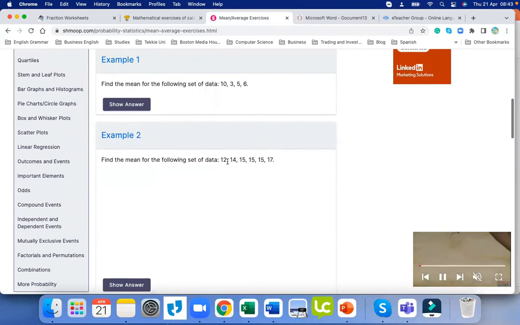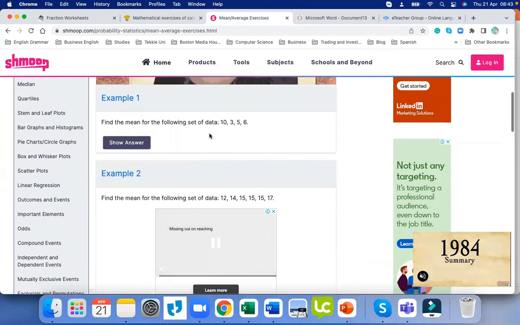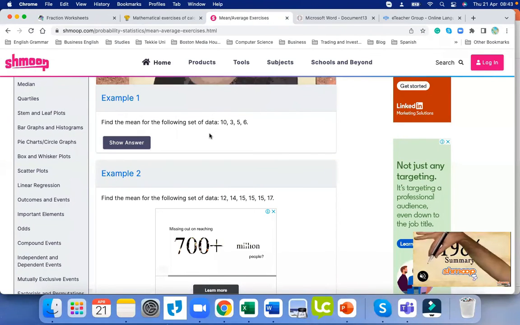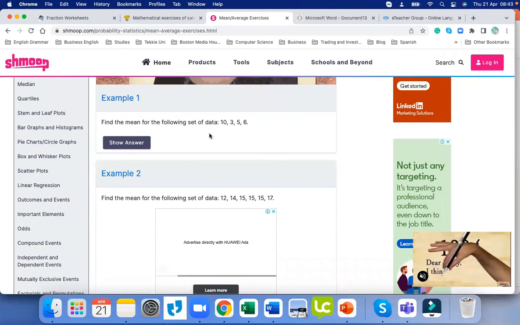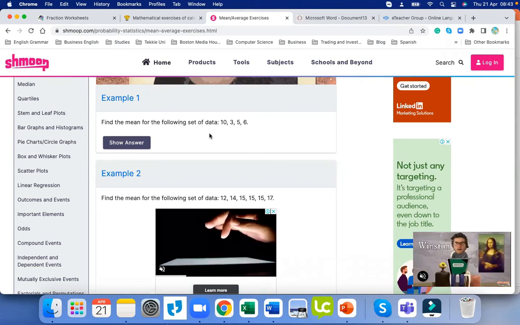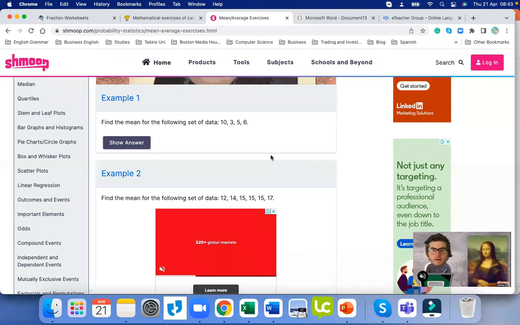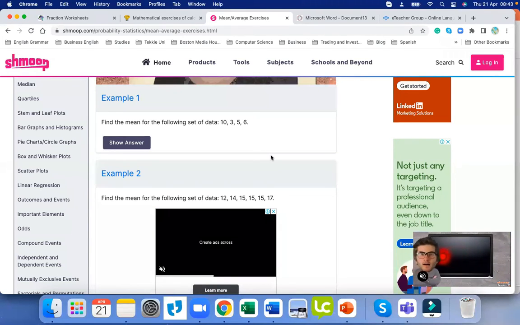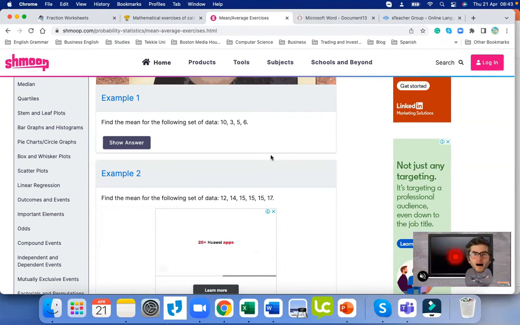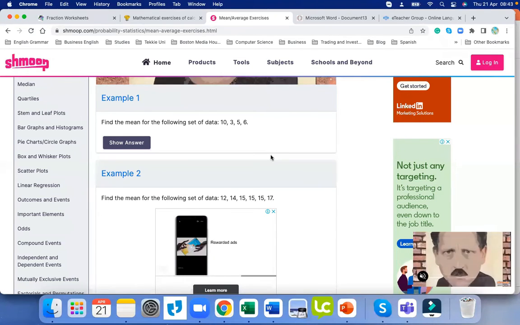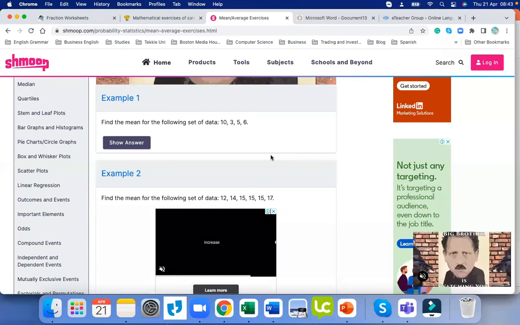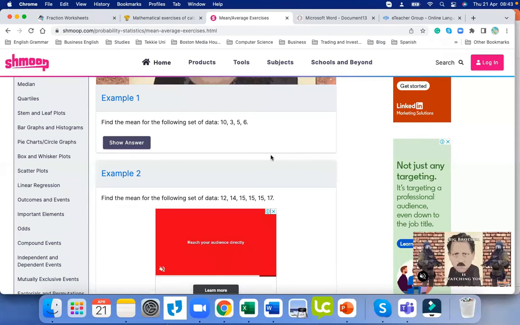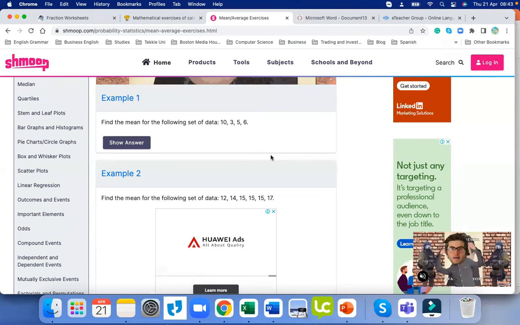And let's do a few more here. So let's do example 1. Calculate the mean.